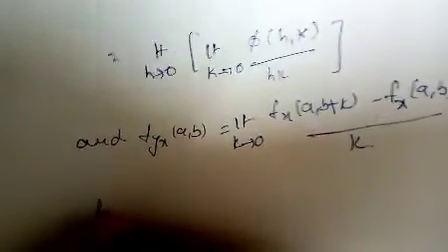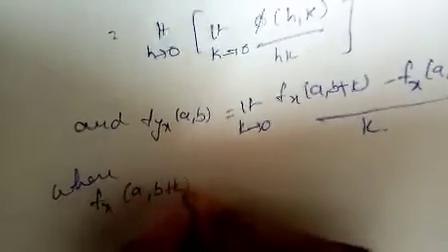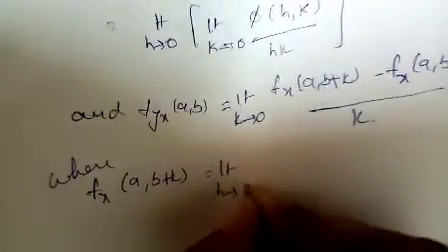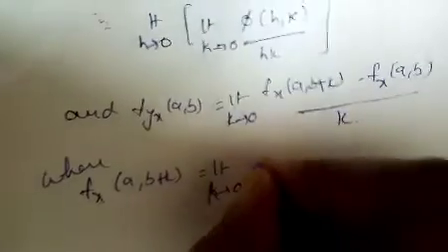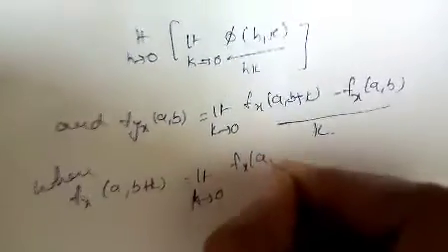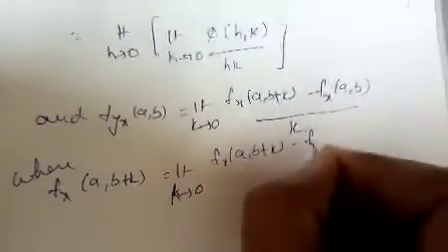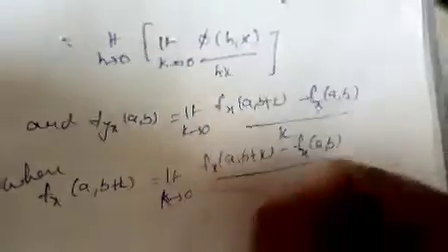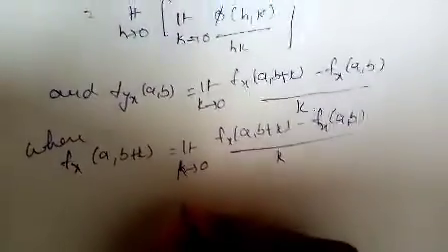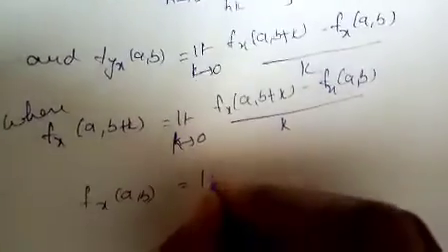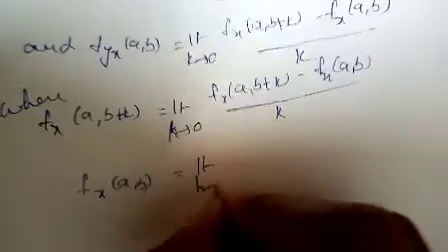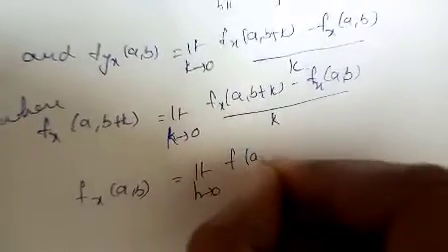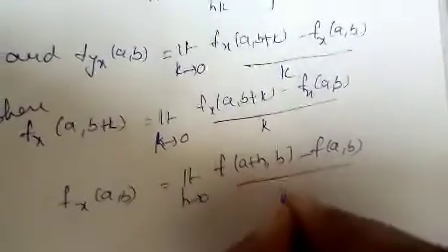Similarly we have to write where fx of a comma b plus k equal to limit h tends to 0 f of a plus h comma b plus k minus f of a comma b plus k by h. So similarly fx of a comma b equal to limit h tends to 0 f of a plus h comma b minus f of a comma b by h.